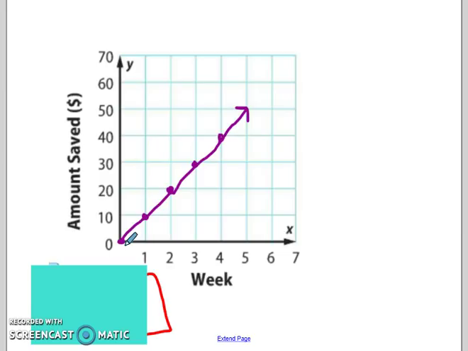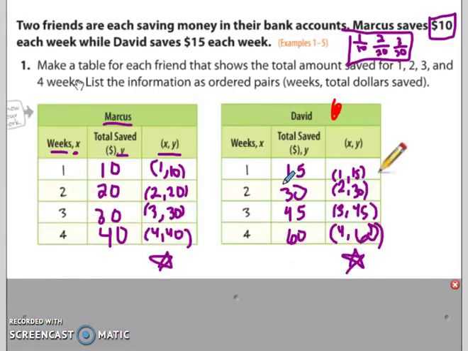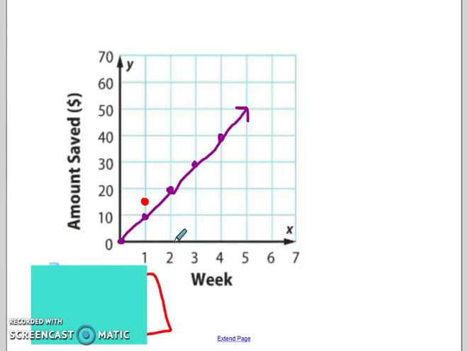You need to have this whole table with all these points in your notes. For David, it's 1, 15 this time. The second dot we're plotting is 2, 30, then 3, 45, and 4, 60. Same thing at 0 weeks, he also had $0.